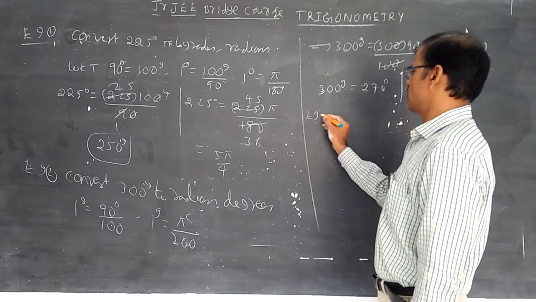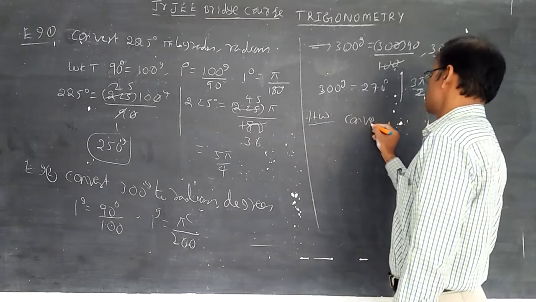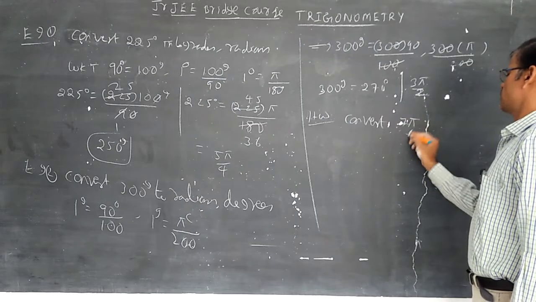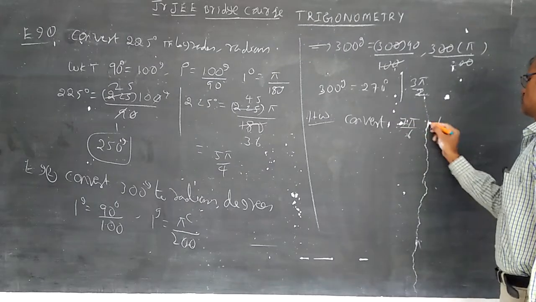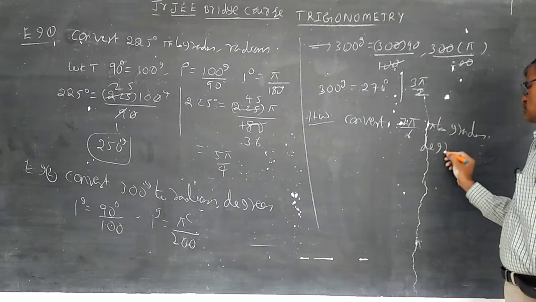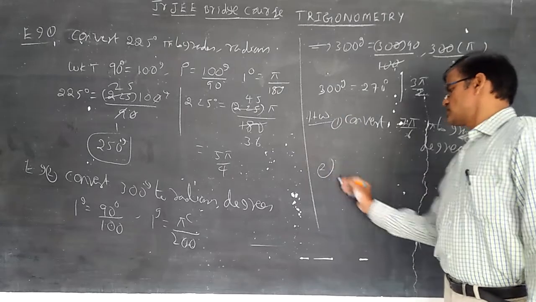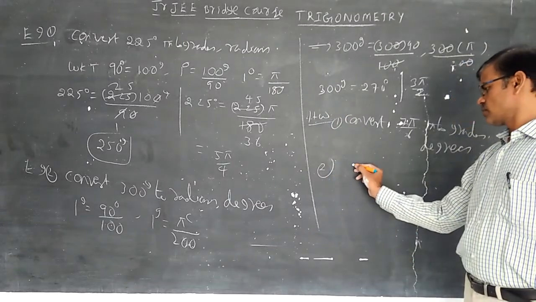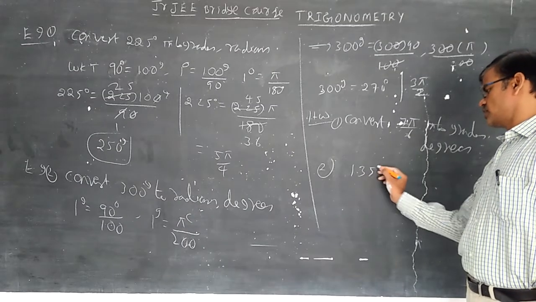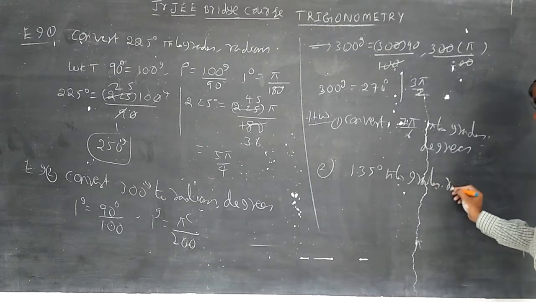Now I am giving homework to you. Convert 7 pi by 6 into grades and degrees. This is the first question. Second question: 135 degrees into grades and radians.